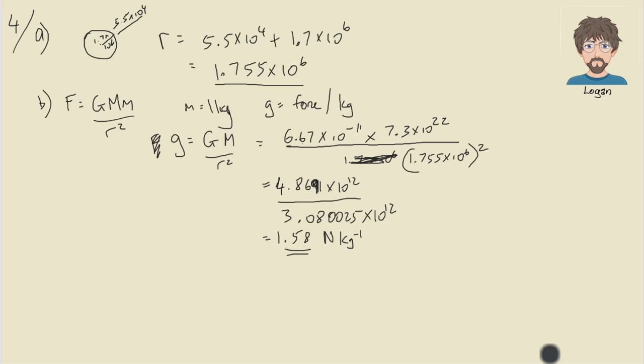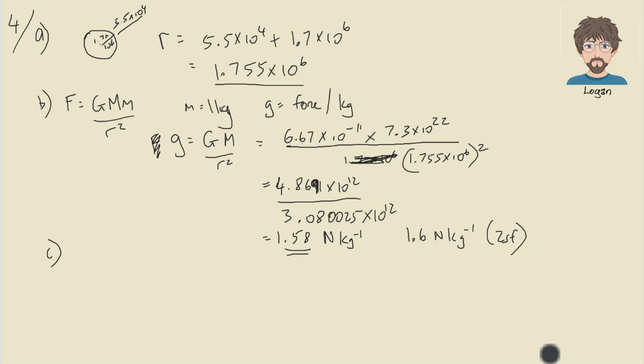Yep, that's the whole idea. Now it's an interesting question, and maybe it's 1.6 newtons per kilogram to two significant figures. We have only been given two significant figures for the radius and the mass of the moon, so that's probably the right way to do it.